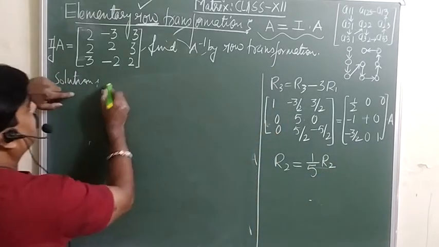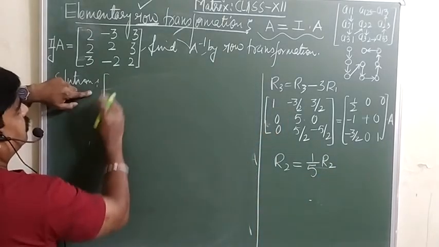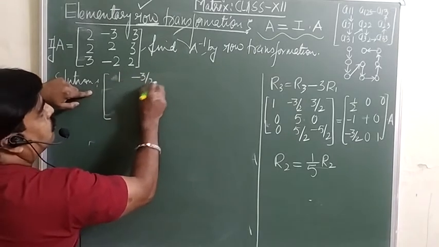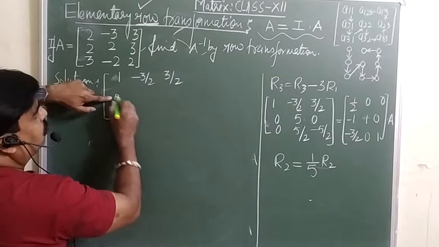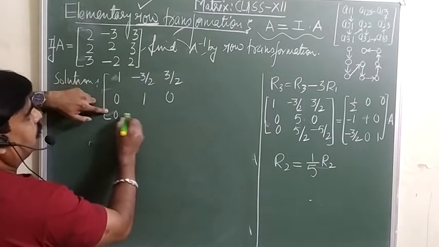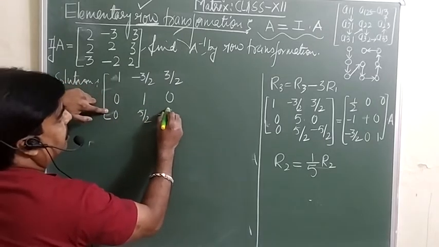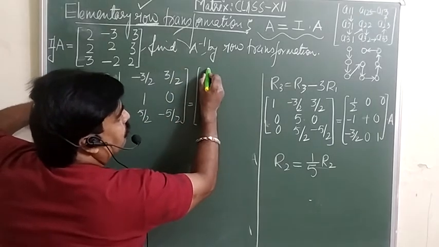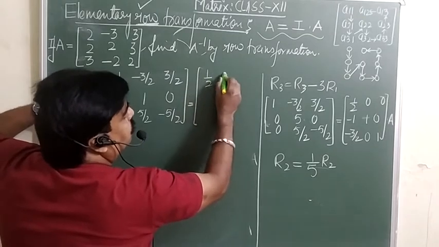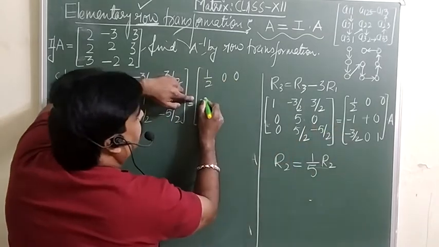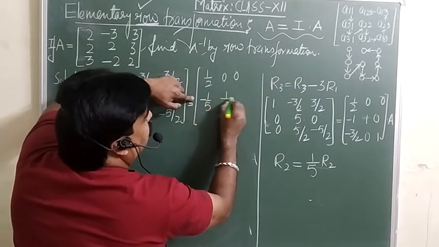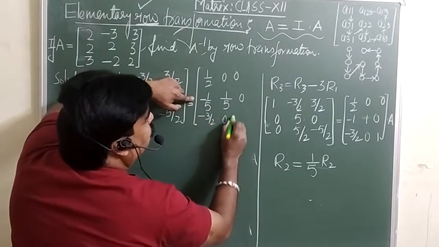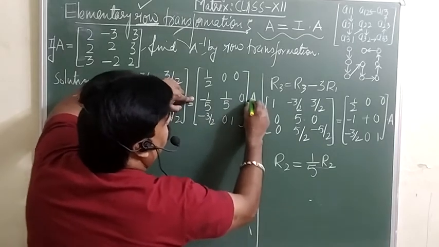So what you will get: first row will remain as it is, 1, minus 3 by 2, 3 by 2; 0, 1, 0; 0, 5 by 2, minus 5 by 2, here as it is; and this is 1 by 2, 0, 0. We are dividing by 5, so this is minus 1 by 5, plus 1 by 5, 0, minus 3 by 2, 0, 1 into A.